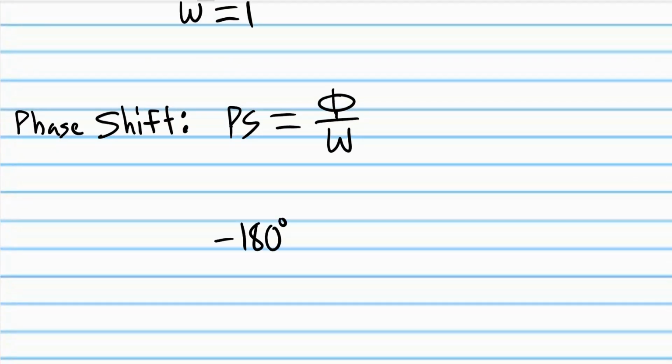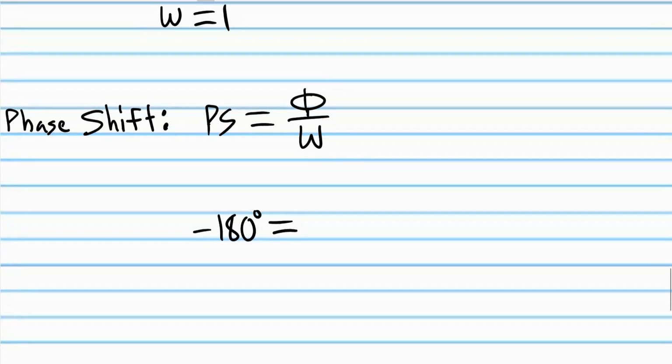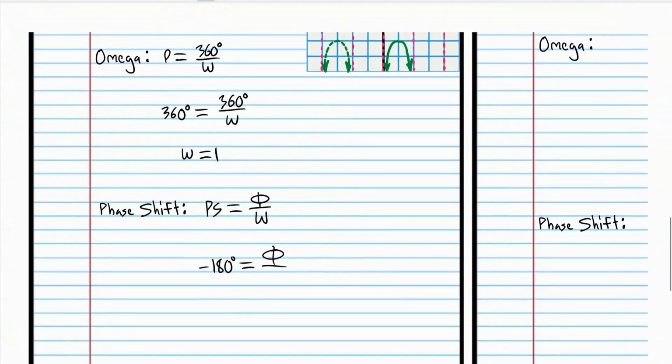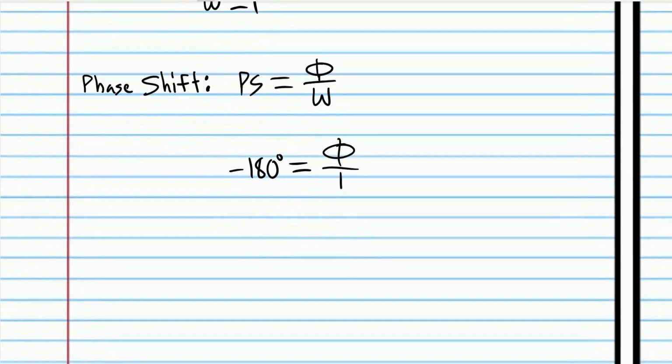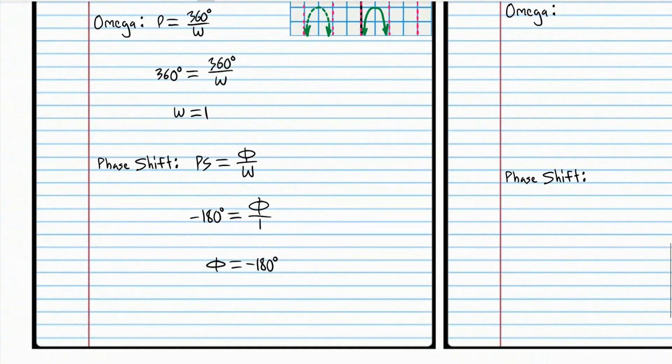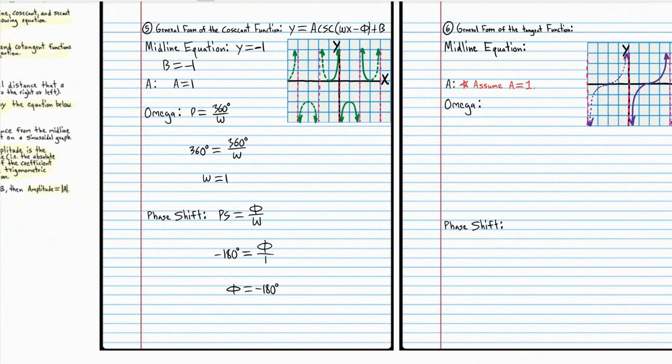Remember, the phase shift is the horizontal movement from the parent graph. We're looking for phi, and omega is 1. So phi is equal to negative 180 degrees. So now we're ready to write our equation.